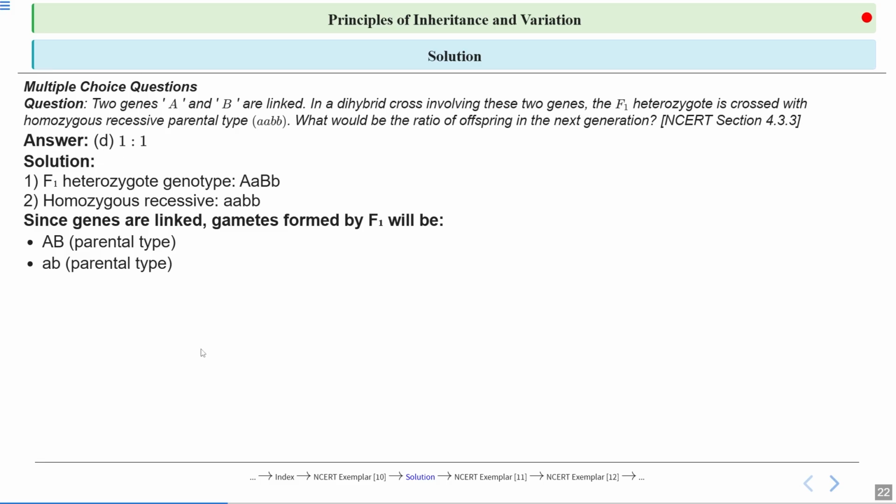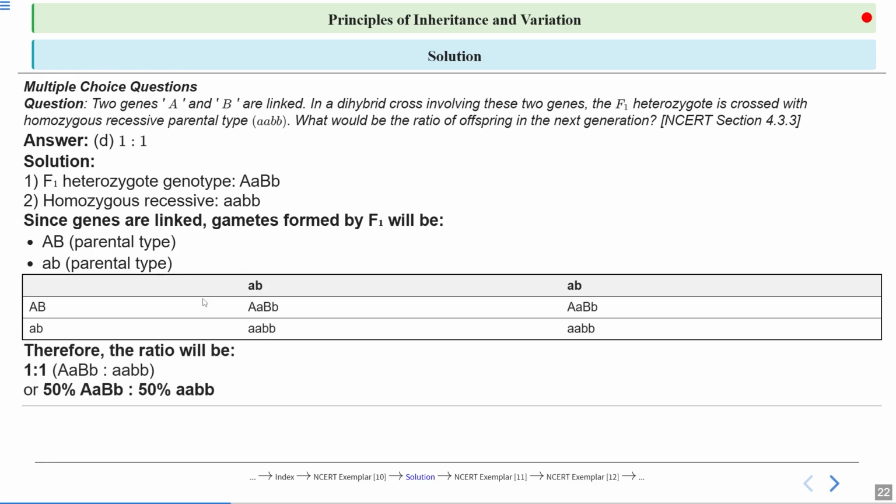Otherwise, you would have got the ratio of 1:1:1:1 in a dihybrid cross. Okay, clear? So when the genes are linked together, they are inherited together. Only two kinds of gametes will be formed by the F1 generation. So these are both parental types because there is no crossing over.